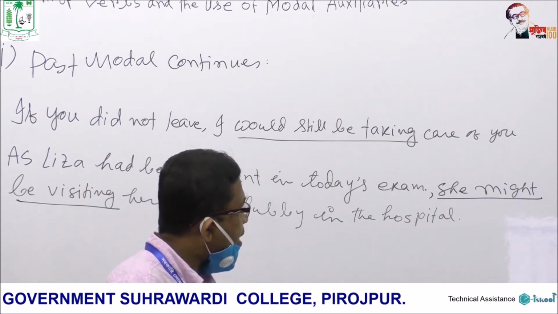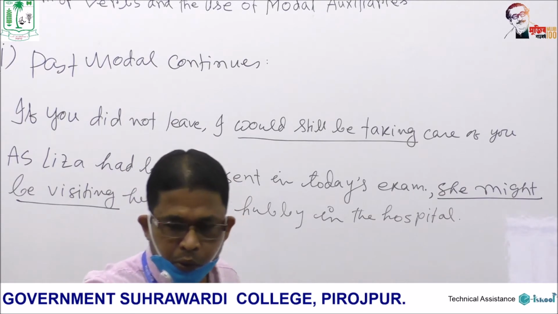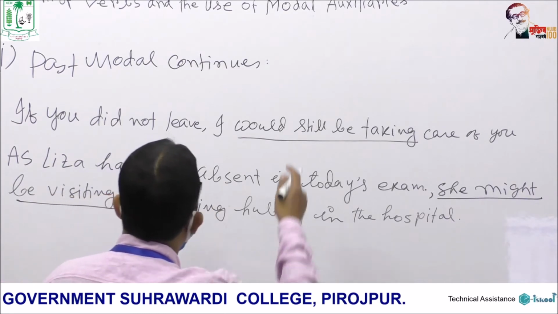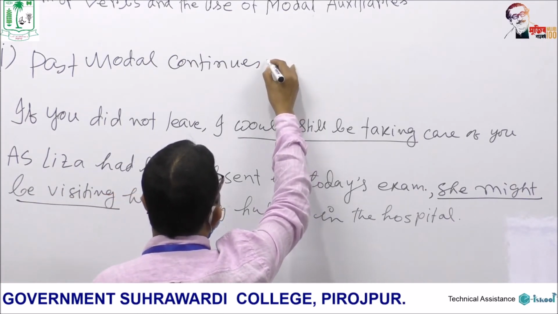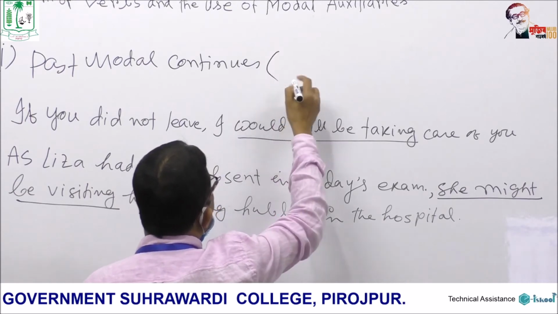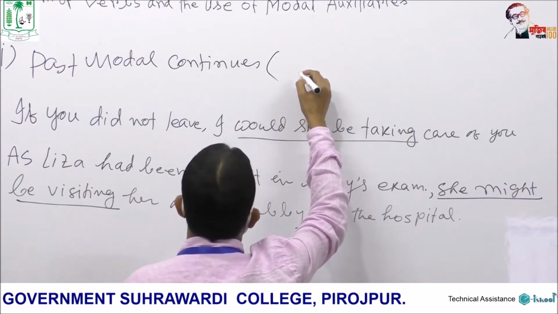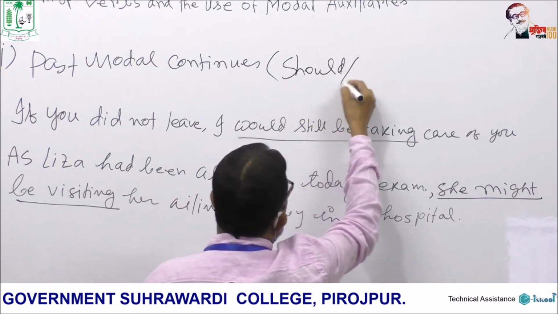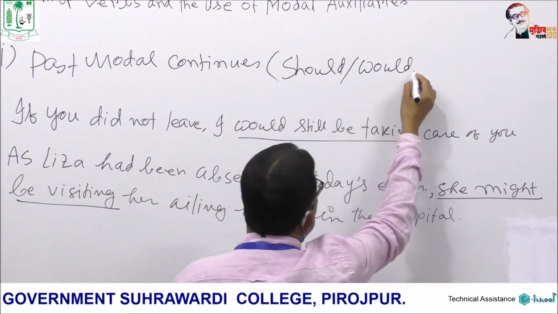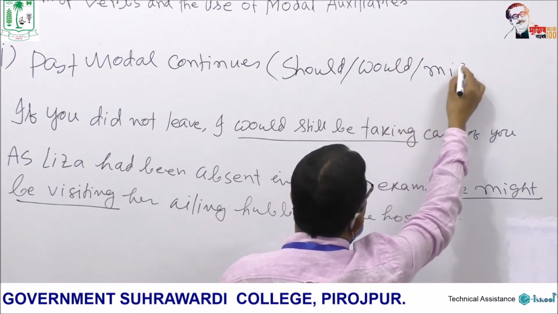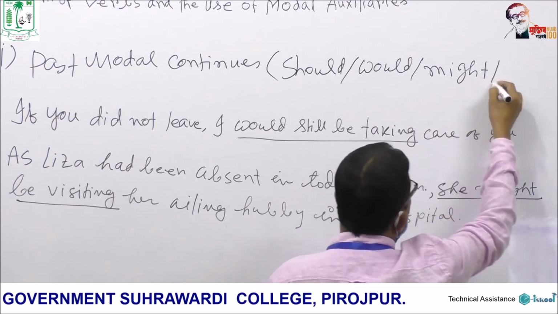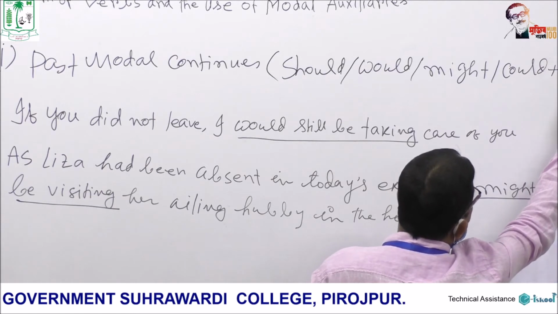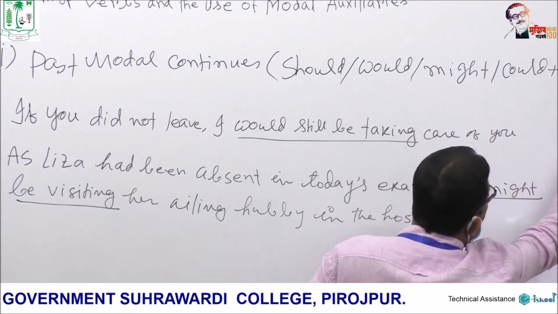When we use past modal continuous, what should be the formula? Just simply remember, the simple formula of past modal continuous is should, would, might, could plus be plus ing.